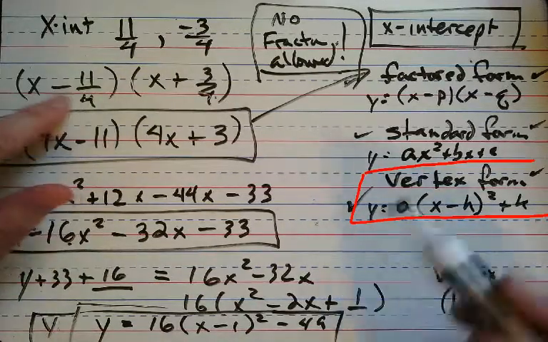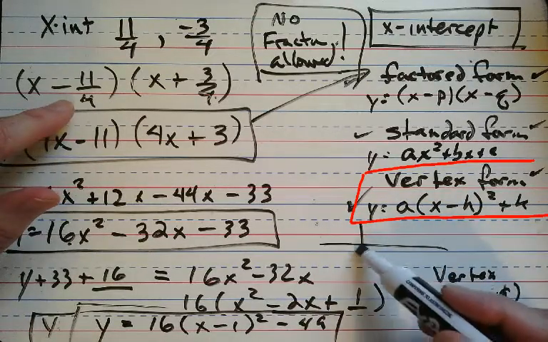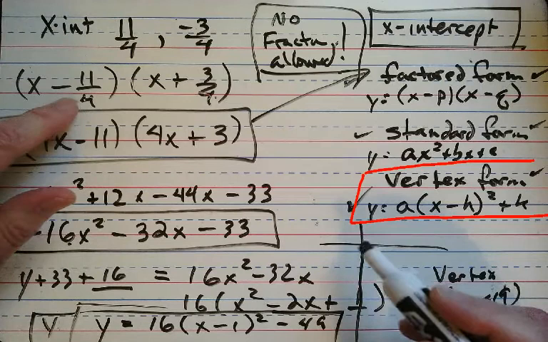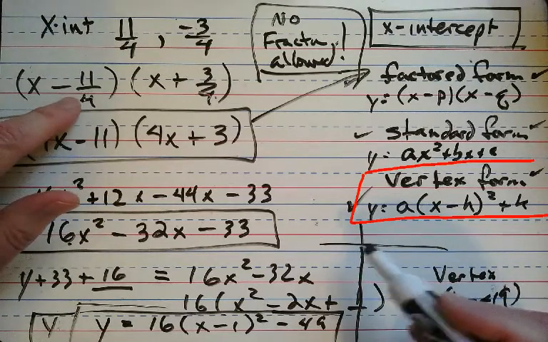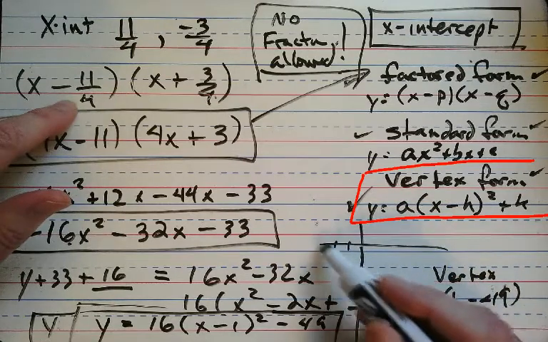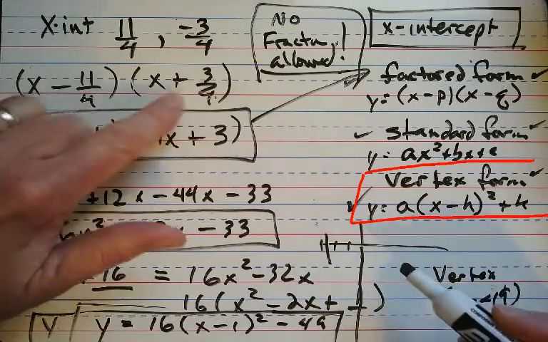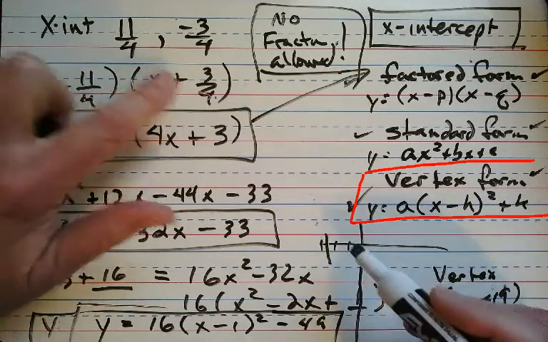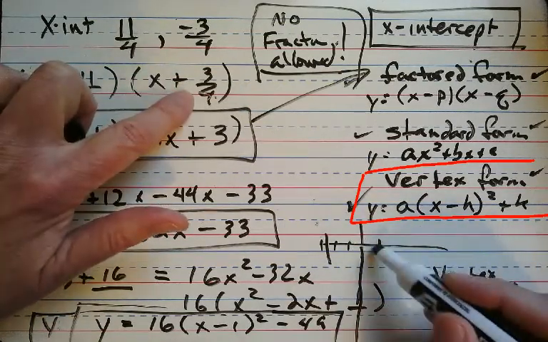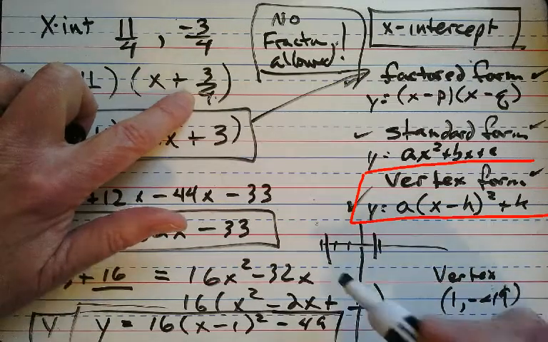Does that make sense? Let's see. Where were we? We were at 11 fourths. So that is almost 3, because 12 would be 3. So 1, 2, 3. Not quite 3. There we go. And then this one is positive 3/4, so that's not quite 1. So, does that make sense?